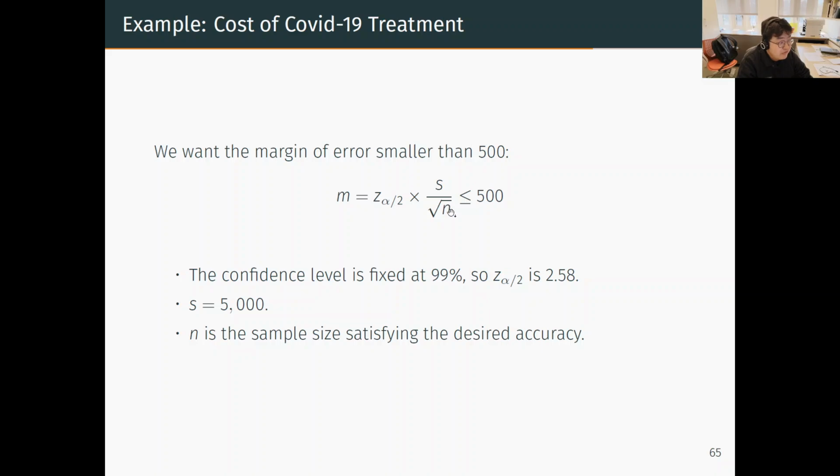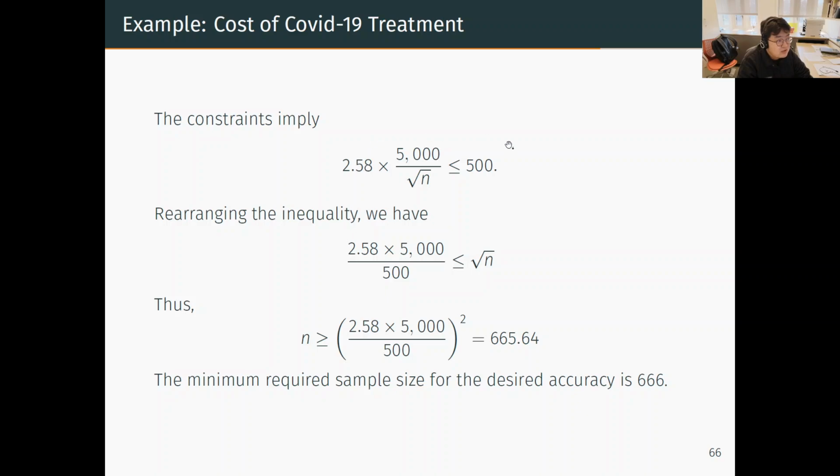Move this term to the other side. Here 99% implies 2.58. Standard deviation is already 5,000. And then move these two terms, so we have this inequality. It already shows that the square root of the sample size must be at least this much, right?